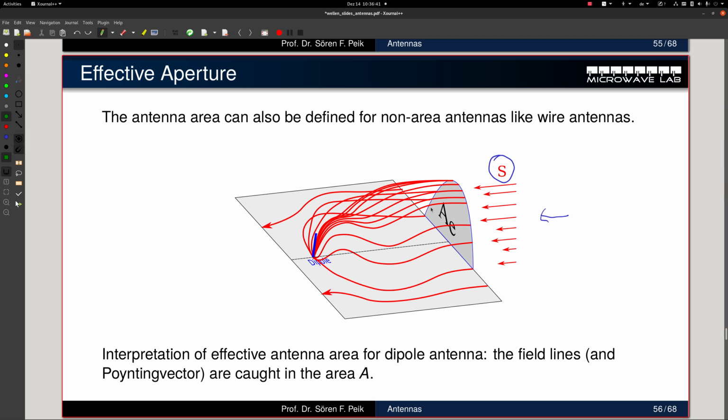And this area in front of it is this area here, and that's the effective area of a wire antenna. Calculating the effective area is very easy, you will see, in a few seconds. And there are also tables on Wikipedia and so on, and in my lecture notes, to find the effective area of a dipole.